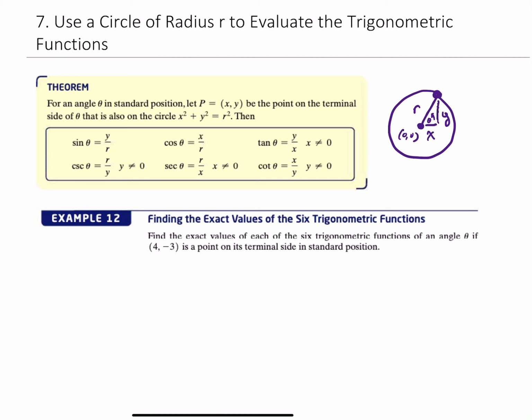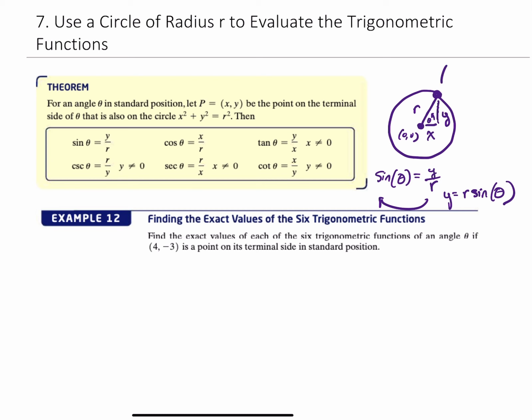The sine of theta is opposite over hypotenuse. So we would say the sine of theta this time is y over r. Notice that's what they show here. If we wanted to solve for y, the y coordinate, we would multiply by r, and we would say y equals r times the sine of theta.